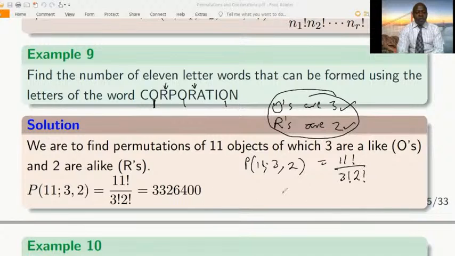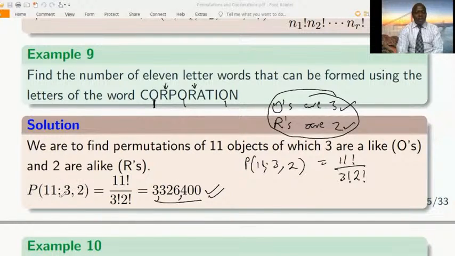And when you do this using a calculator, you would find that this will be the number of permutations, 3,326,400 permutations.